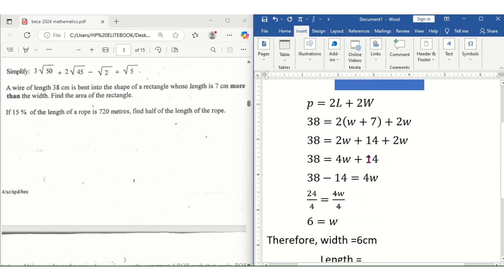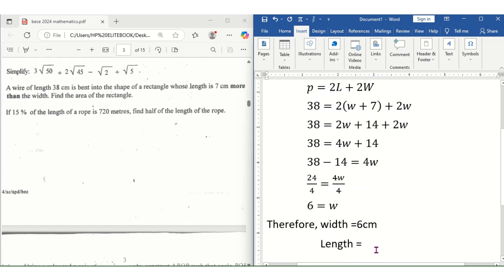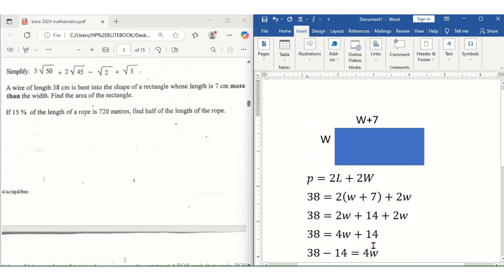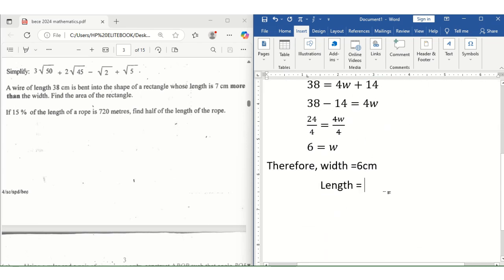Now that we know the width to be 6 centimeters, that will help us to find the length. So the width is 6. So when we add 6 plus 7, that will give us the length. So our length will be 6 plus 7, and 6 plus 7 is giving us 13 centimeters. That means the length is 13 centimeters.